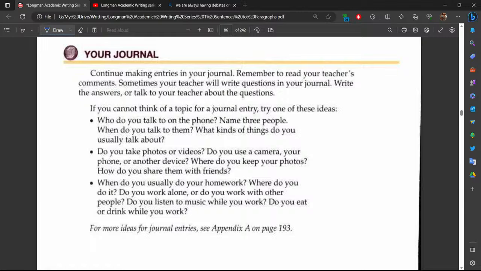When do you usually do your homework? Where do you do it? Do you work alone or do you work with other people? Do you listen to music while you work? Do you eat or drink while you work? For more ideas for journal entries, see Appendix A on page 193.